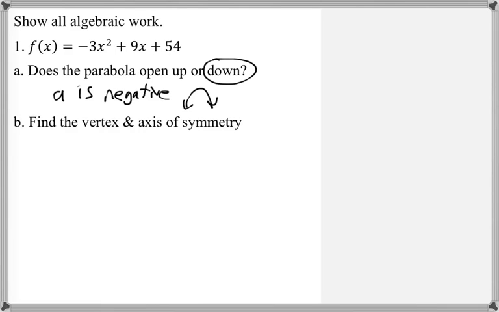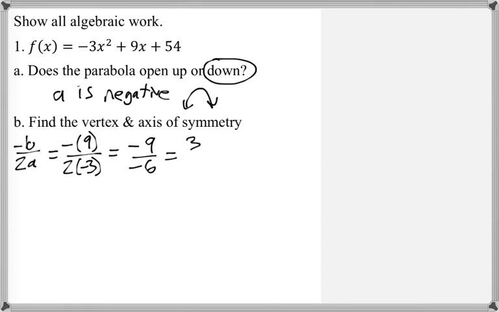Then they want us to find the vertex and the axis of symmetry. So I want to do the negative b over 2a, and that is negative 9 over 2 times negative 3, which is negative 9 over negative 6, which is 3/2. And then I want to plug that into my function.